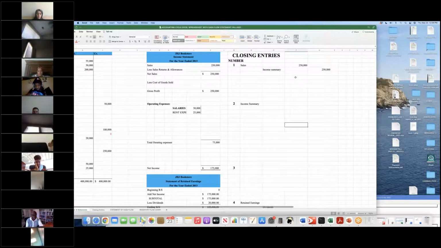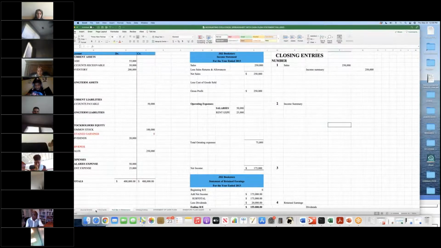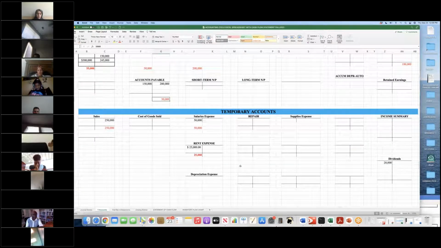Whenever we make a journal entry, we have to post it. So we're going to go down to our T accounts, and we're going to debit sales for $250. It's now closed out. We got debits of $250 and credits.